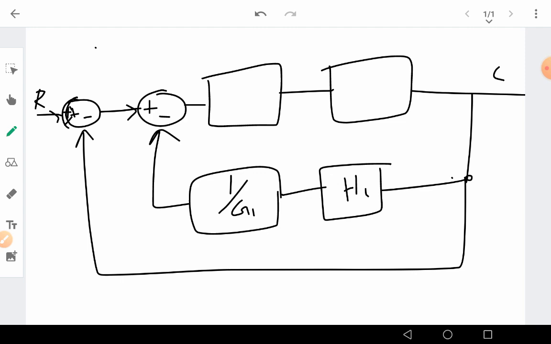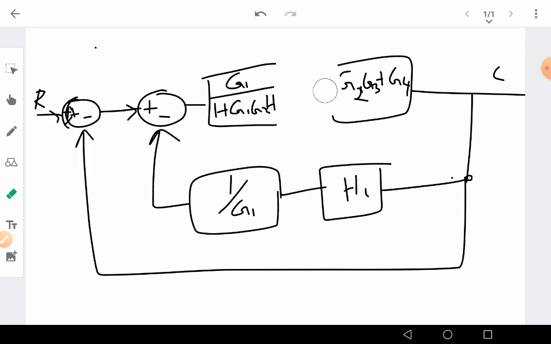So if I combine these two, this was g1 divided by 1 plus g1 g2 h1. Okay, this was, I don't remember, this was g2 into g3 plus g4. Now if I combine these together, I can get this thing multiplied by these two things.